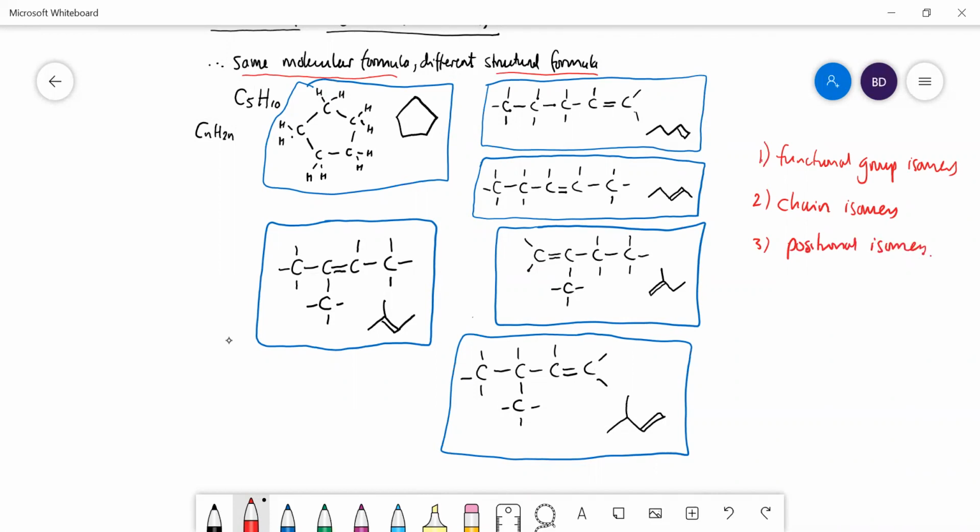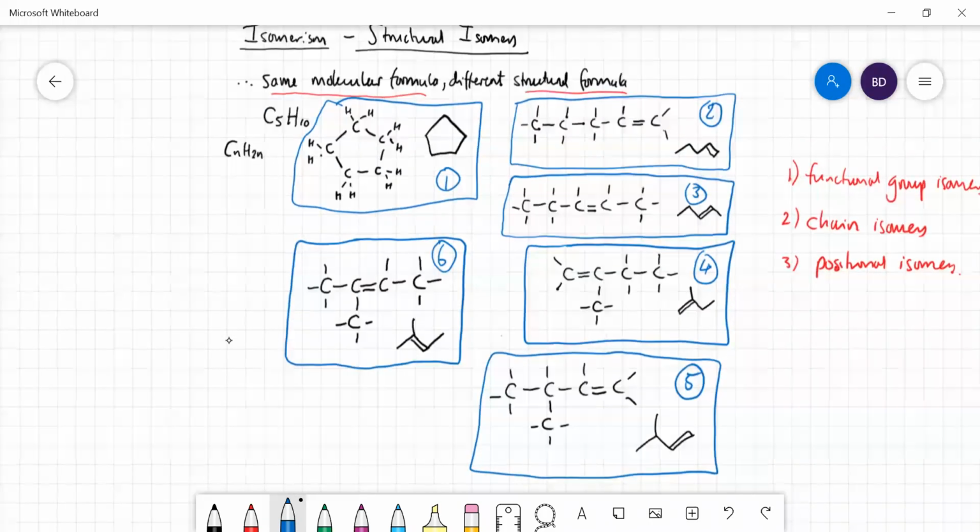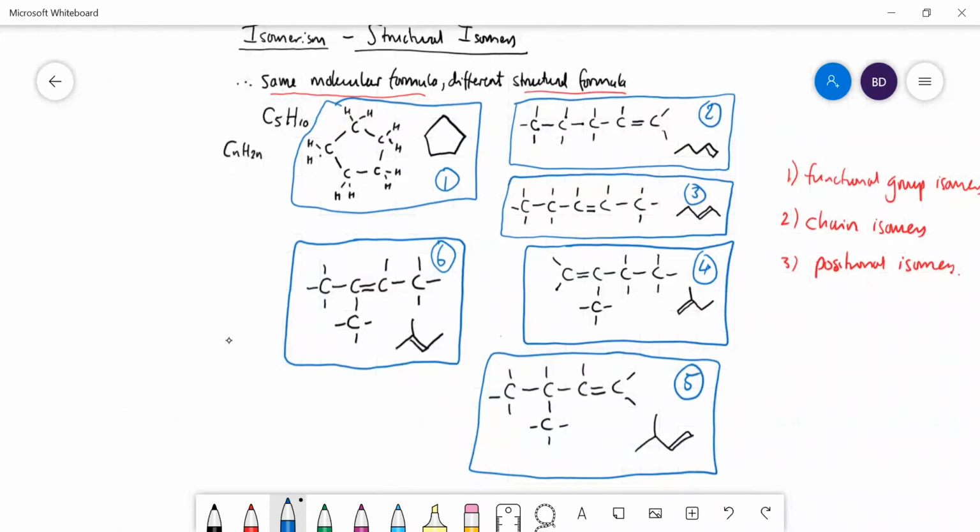So let's number these, so we call that one number 1, 2, 3, 4, 5, and 6. Now, I've got a little flow chart here, which I'll hopefully squeeze in, and might mess this up and I might have to go back, but I'll try.